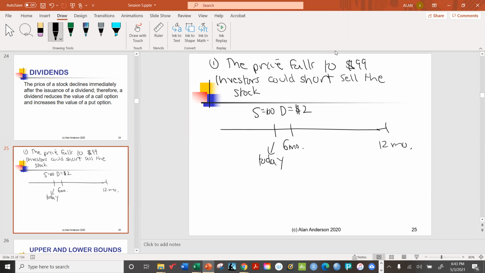No, you know what? I think this assumes that you already own the stock. Otherwise this is not going to work.